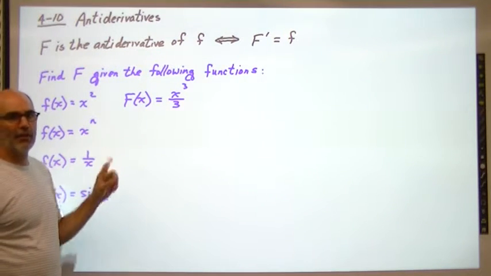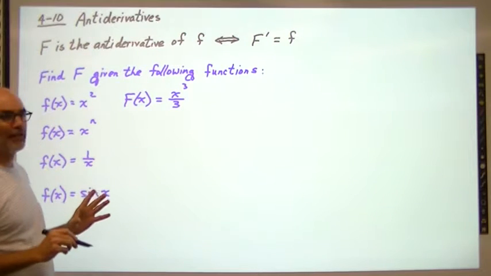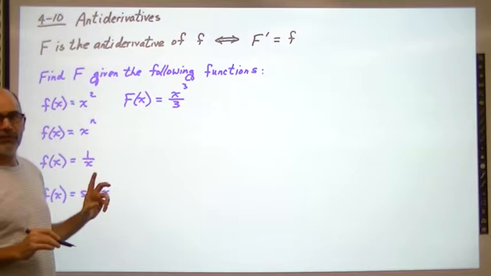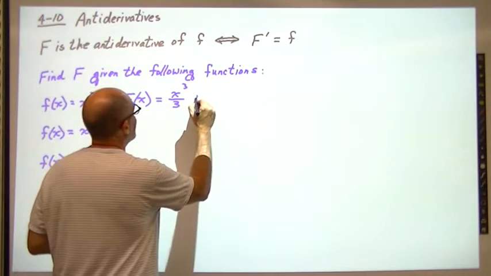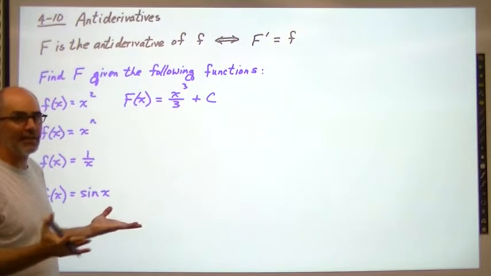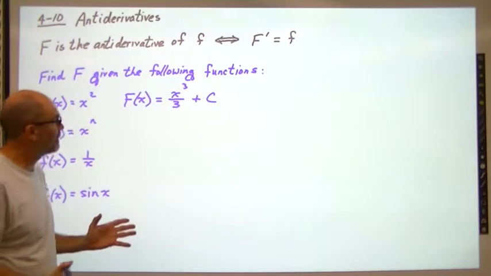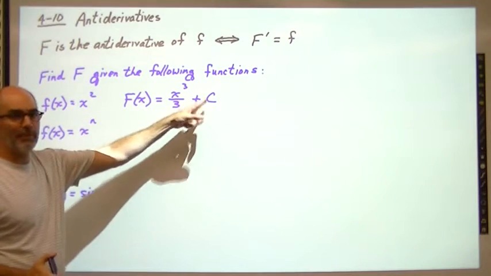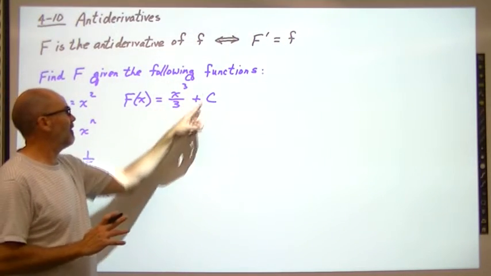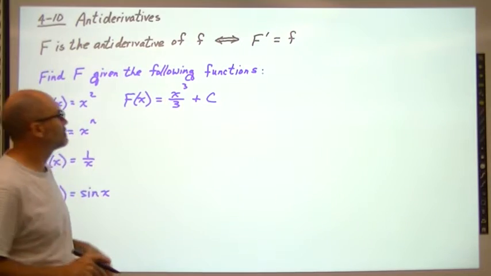Now, there's an important thing that you have to understand here. Every antiderivative has to have a plus c at the end, which is a random constant. It could be anything. But you have to remember to put plus c at the end. Now watch. If I take the derivative of this, what do I get?